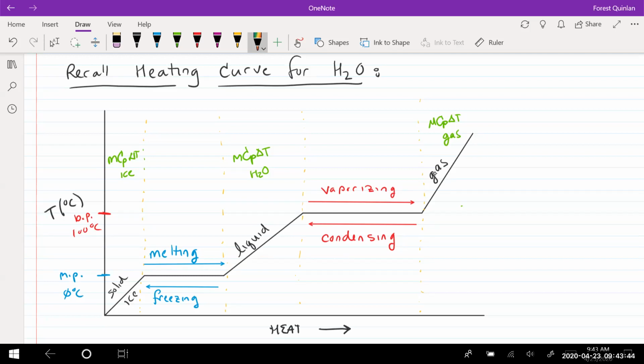We have no temperature difference. So if we have no temperature difference, then we would say it doesn't take any energy to do that. And we all know that it does take energy. Well, that is where this guy comes in. And this guy is the mass times something called the delta H of fusion. And over here we have the mass times the delta H of vaporization.